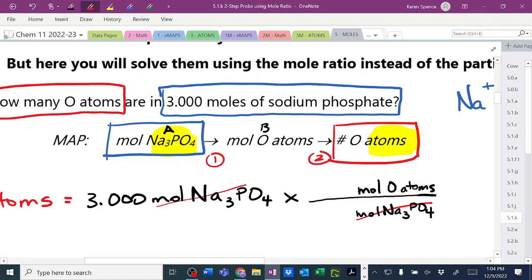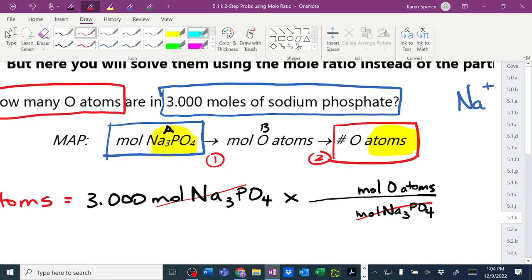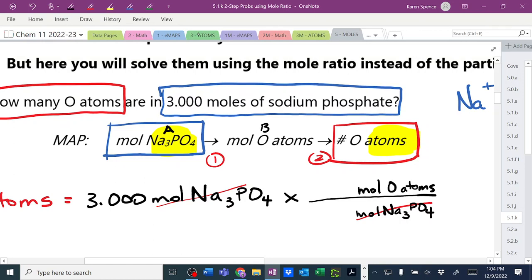Where do we get the numbers for moles of O atoms and moles of Na3PO4? We're looking for O atoms. So I look down here and I say, oh, how many O atoms are in Na3PO4?